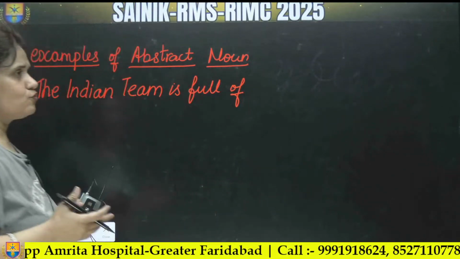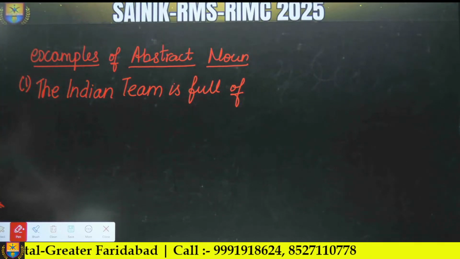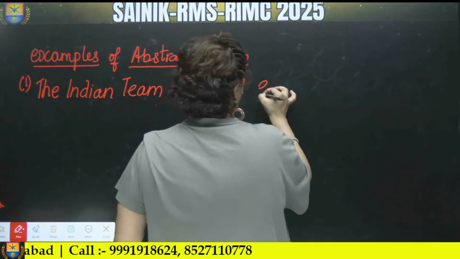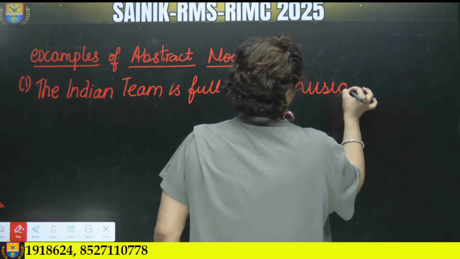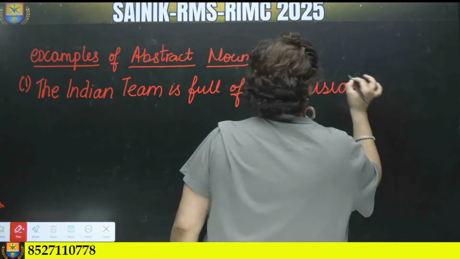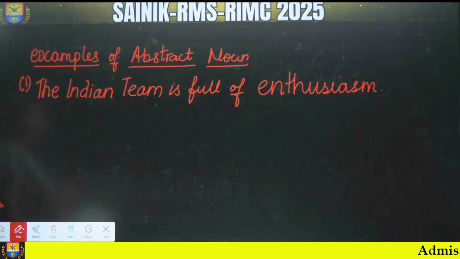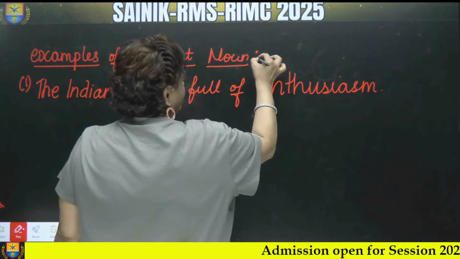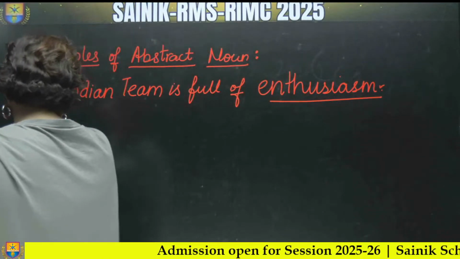So we have to use a word which has some kind of a feeling. So what is that? The Indian team is full of enthusiasm. In this, what is your abstract noun? The word enthusiasm is your abstract noun.